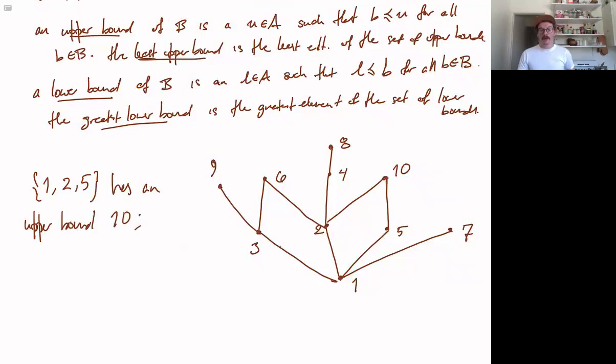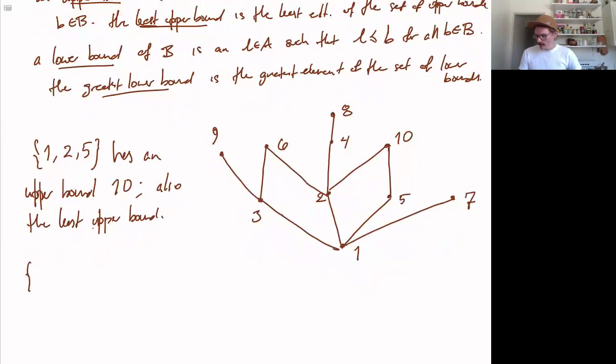In fact, this is the only upper bound, so it is also the least upper bound. What about the set 3, 2, and 5? So that's this set. You can see from the Hasse diagram that there is nothing that bounds all three of these from above. So it has no upper bound.